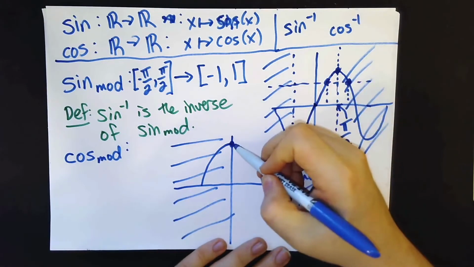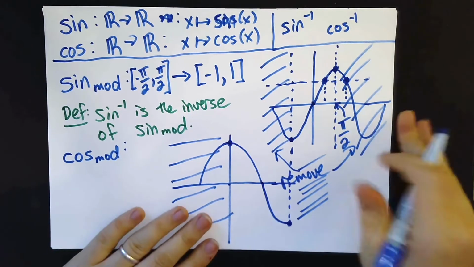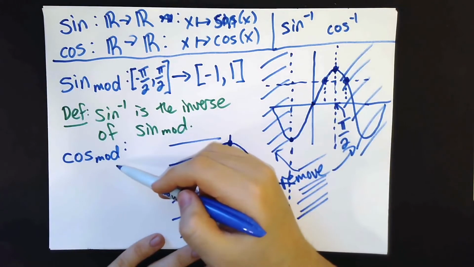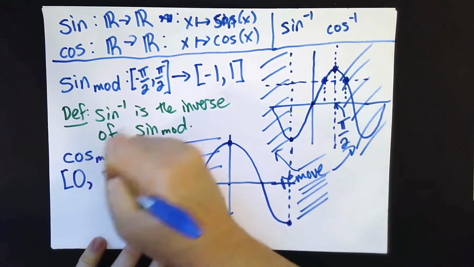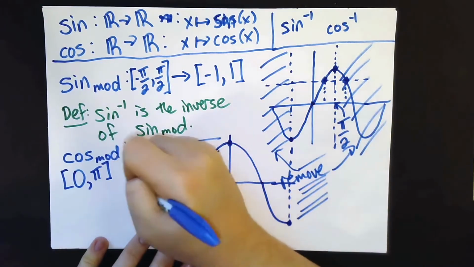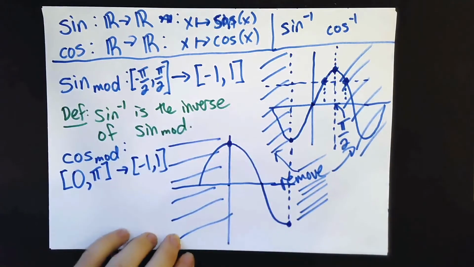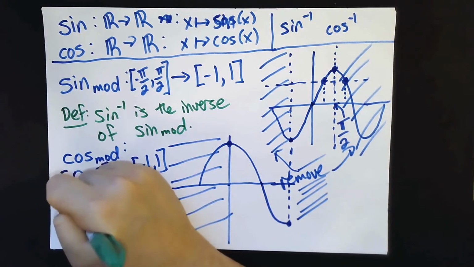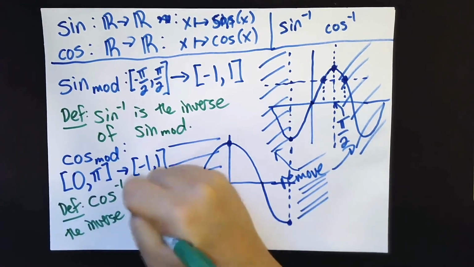And so this is the input 0, this is the input pi, and so in order to make cosine into a bijection, I need to restrict the input to be from 0 to pi, and then going from -1 to 1. And then, once I've done that, arc cosine is the inverse function of this modified cosine.